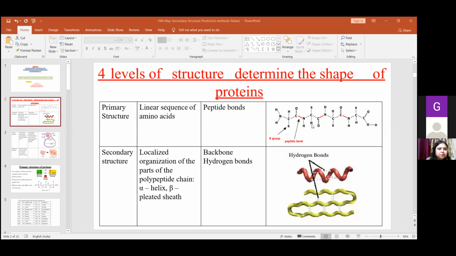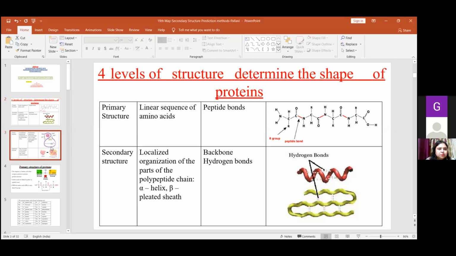So now these peptide bonds, the different proteins have the tendency that their hydrogens can interact with each other and form a backbone of the hydrogen atoms. And this leads to conformation of the proteins into alpha helices and beta sheets. I'll come to the detailed structure of alpha helices and beta sheets in next slides.